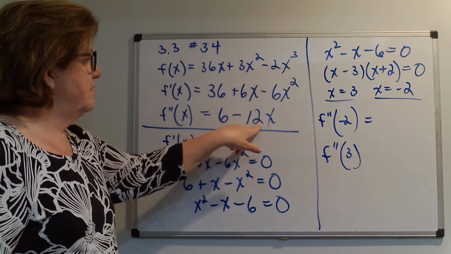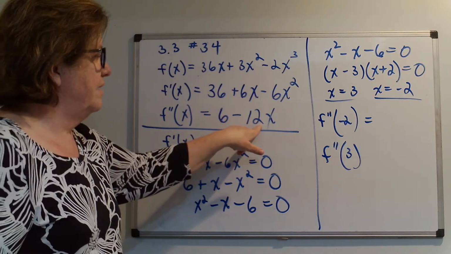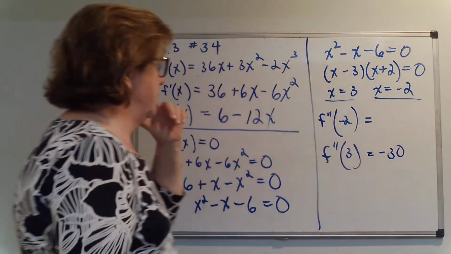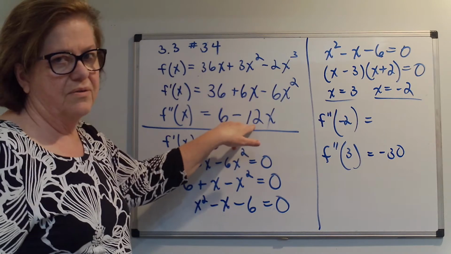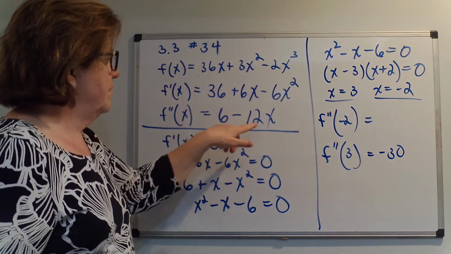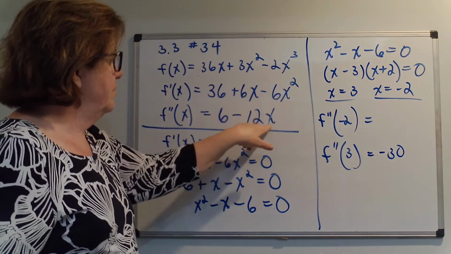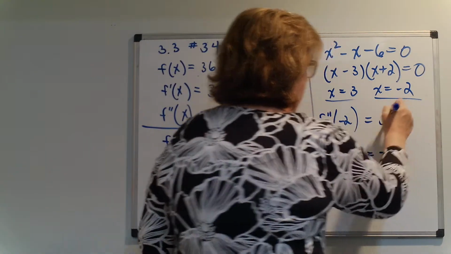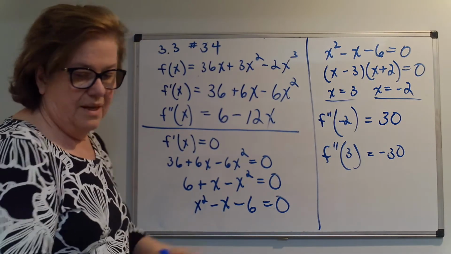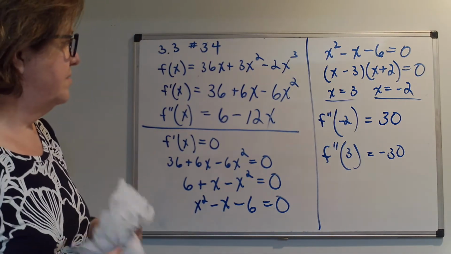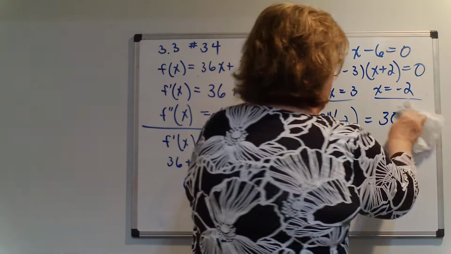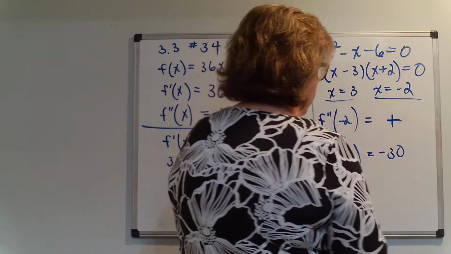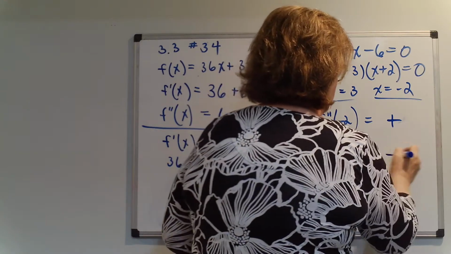If we put in a 3, 3 times 12 is 36, so 6 minus 36 would be -30. If we put in a -2, we would have 24 plus 6. But that doesn't matter. What matters is the second derivative at -2 is positive. The second derivative at 3 is negative.